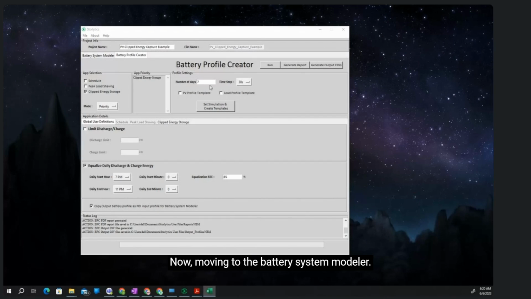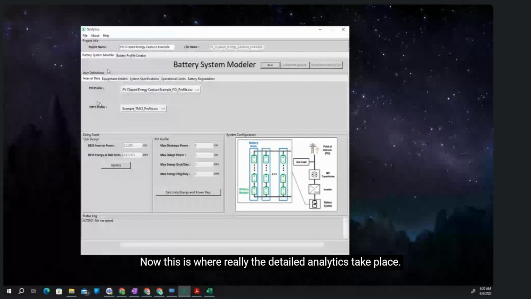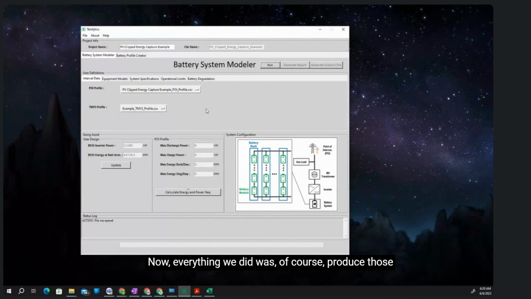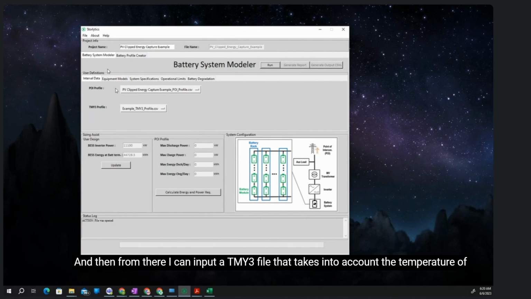All right, now moving to the battery system modeler. This is where the detailed analytics take place. Everything we did was to produce those analytics, but additionally create this POI profile, which I already have loaded here. And then from there, I can input a TMY3 file that takes into account the temperature of the region, the climate of the region in which I'm installing this battery system.